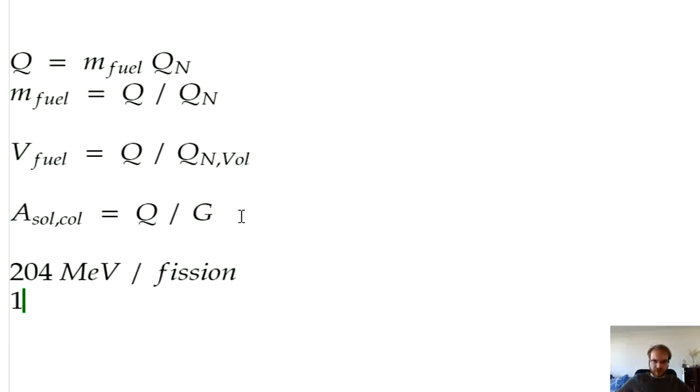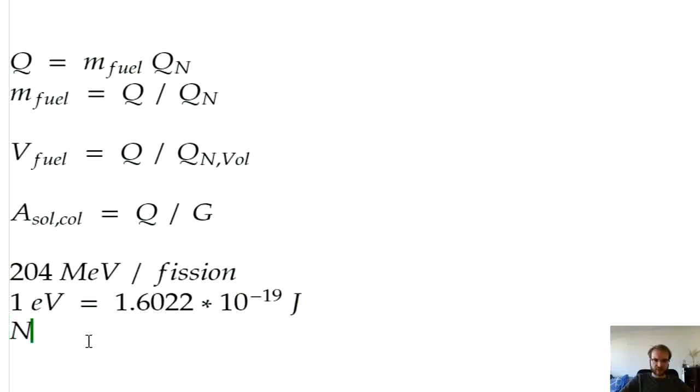We will use the conversion that a single electron volt is 1.6022 times 10 to the minus 19 joules.